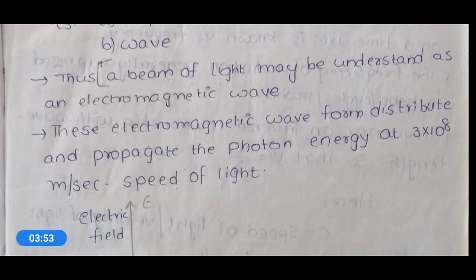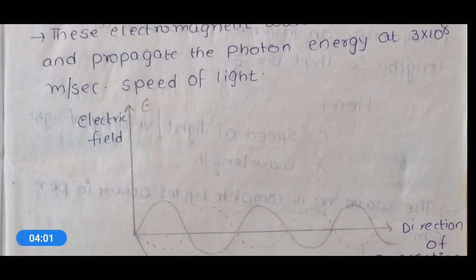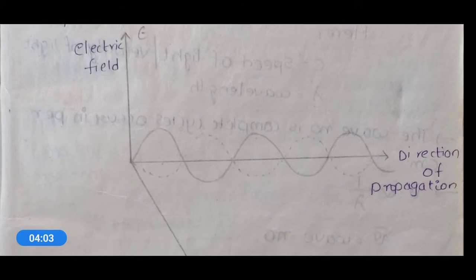That means this electromagnetic wave will have a speed of 3 into 10 to the power of 8 meters per second.